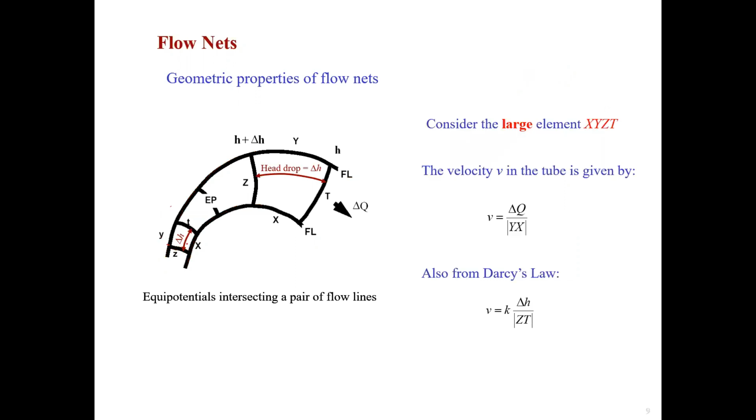Similarly, when we consider the large element, capital X, Y, Z, T, this one, the velocity in the tube is again given by V equals ΔQ over absolute capital YX. And also from Darcy's law, V equals ΔH divided by absolute ZT. This is quite similar to the small element, but it's also valid for the large element.